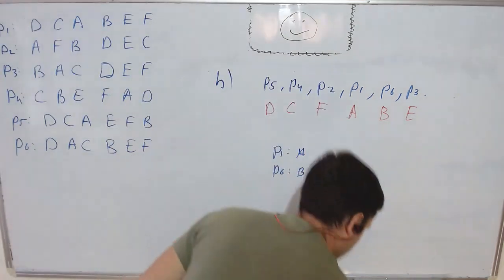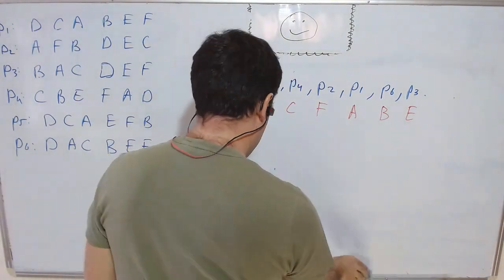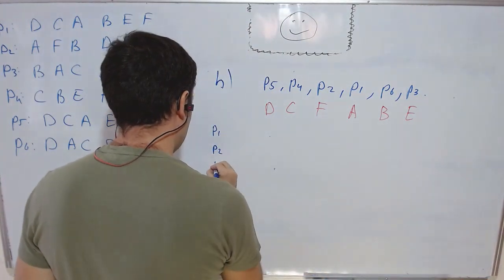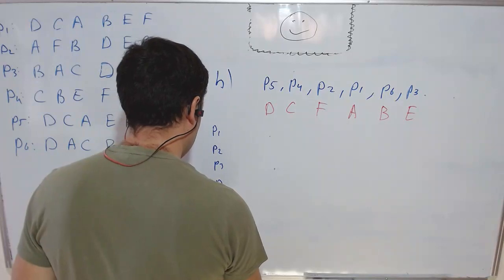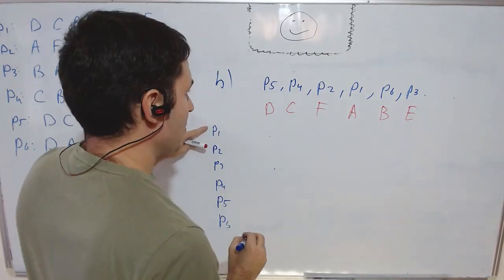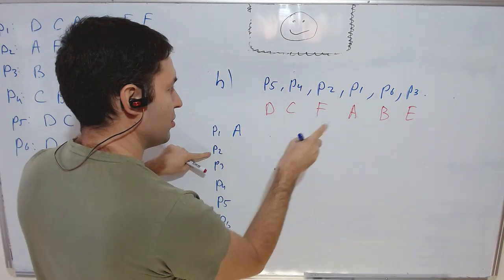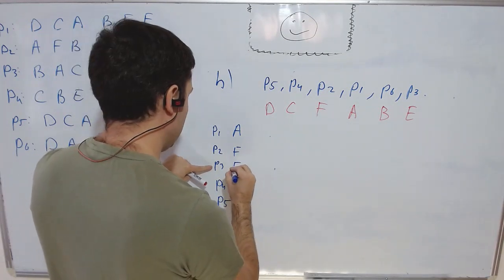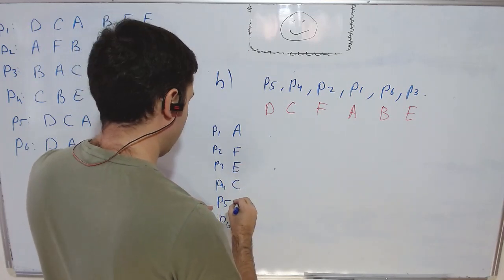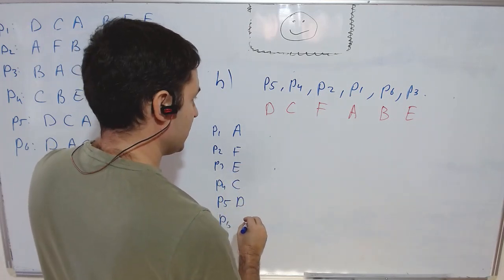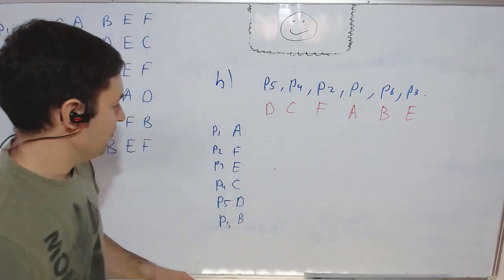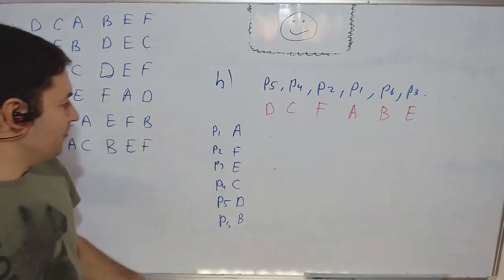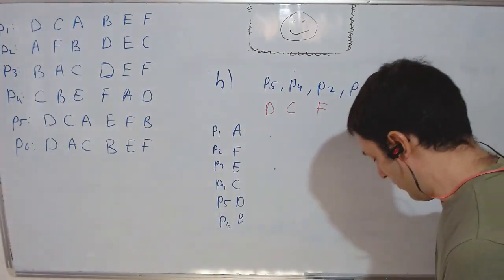Let me rewrite it in a form that I can check it. P1 is house A, P2 is F, P3 is E, P4 C, P5 D, P6 B. All right, perfect.